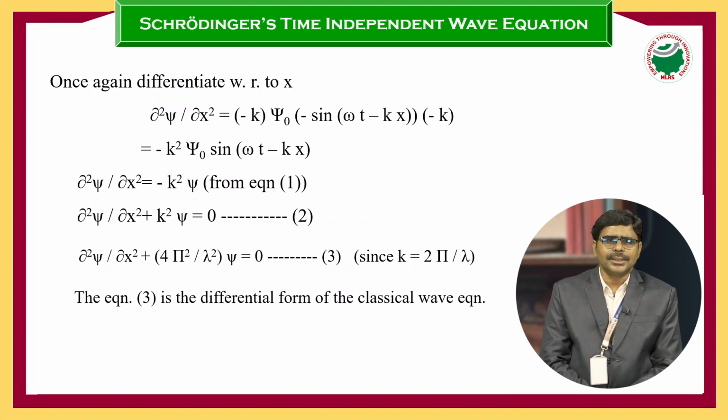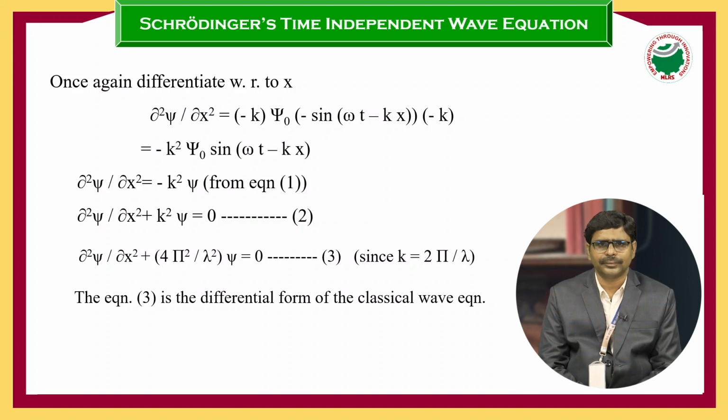Then we replace this in the above equation: ∂²ξ/∂x² plus 4π²/h² times 2m(E − V) ξ is equal to 0.